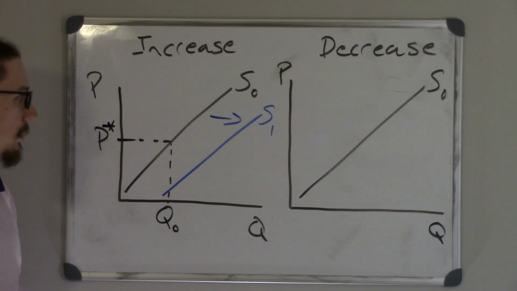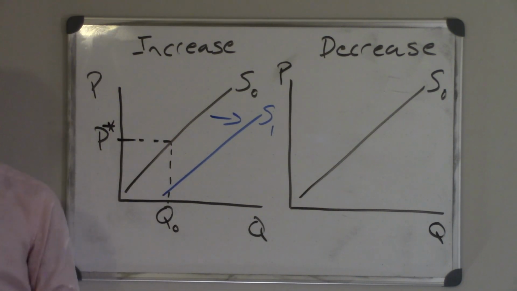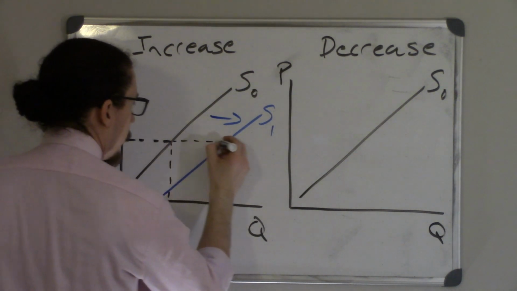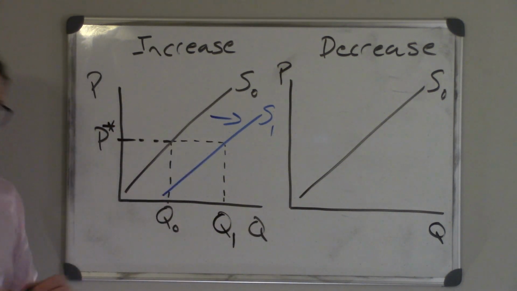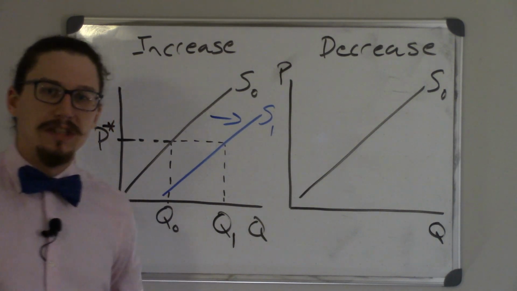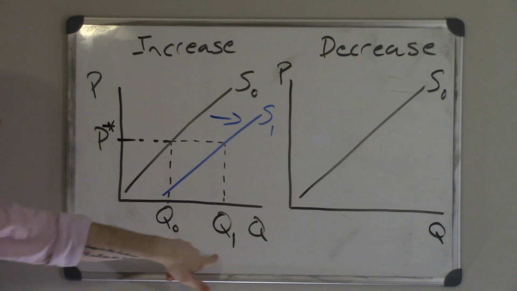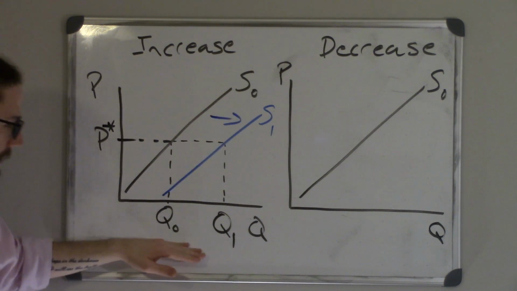If we are hitting this supply curve at P star, then we're going to have a quantity of Q naught. But if we have an increase in supply, the quantity that's being supplied is different at the same price, and that is fundamentally what we're talking about when we have a shift in supply: the same price yields different quantities with this shift.